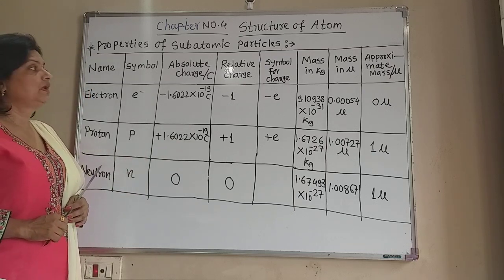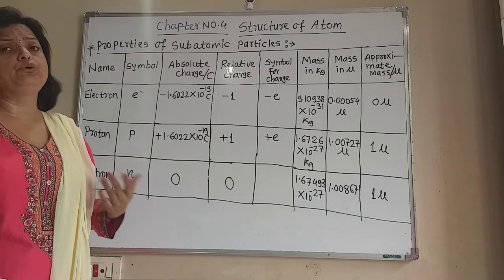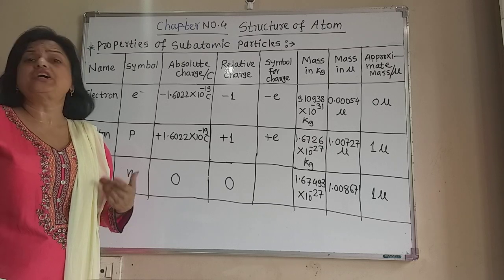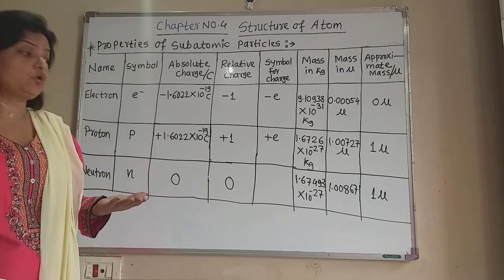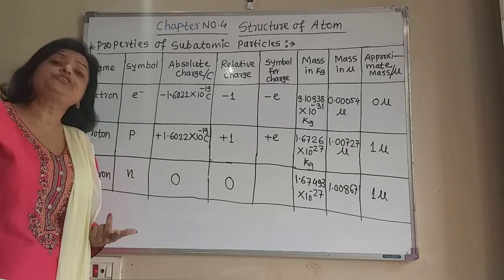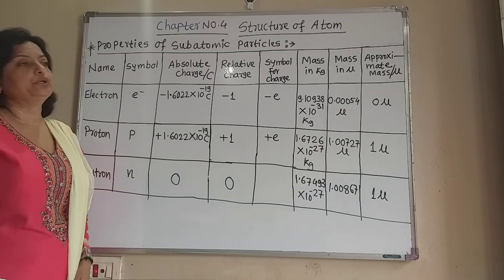There is no charge on the neutron. Neutrons are chargeless, neutral particles, so they are called neutrons. As there is no charge on the neutron, the charge is given here as 0.